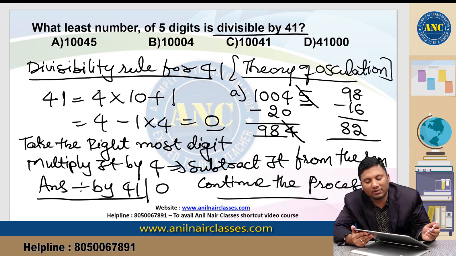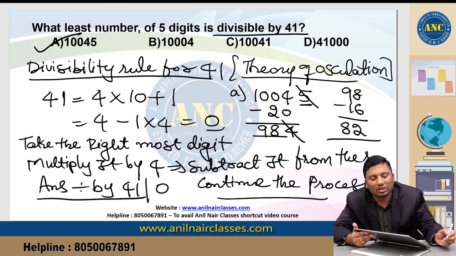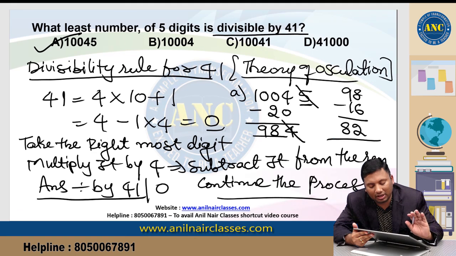Is 82 divisible by 41? Yes. So the answer for the first question is 1045. Take the rightmost digit, multiply it by 4, subtract it from the remaining, and continue the process till the answer is divisible by 41. I hope the idea is clear.